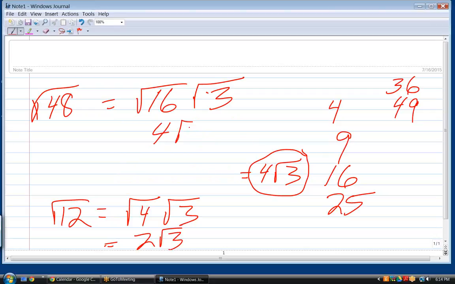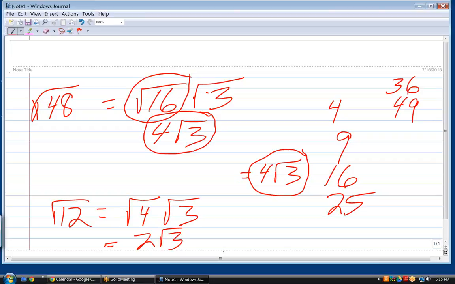So it becomes 4 root 3 in one step instead of the 2 or 3 steps that we took. So you don't always have to find the maximum first, but that's the best way to do it. The best way to find the square root of 48 would have been to factor it into 16 times 3, because we get to the answer in one step.